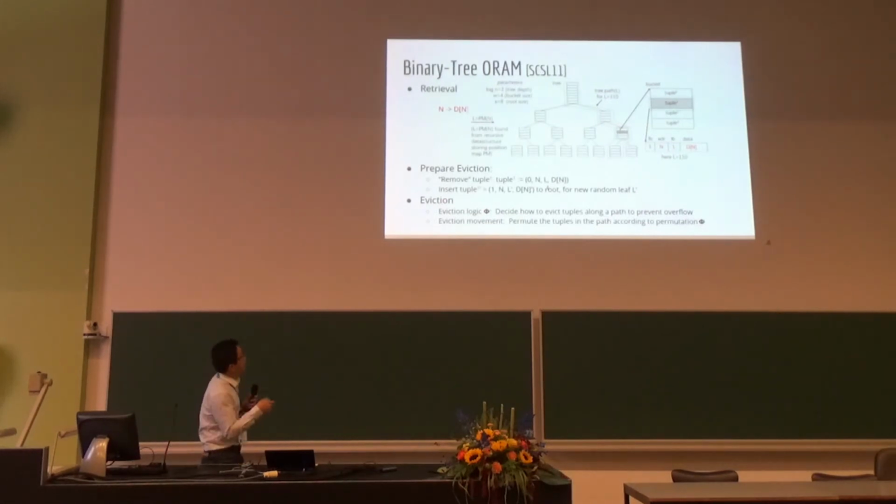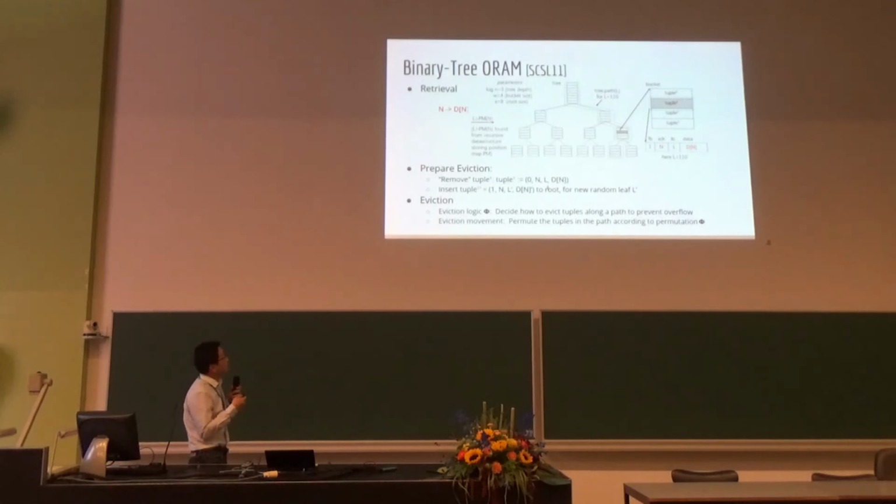Before I continue with the rest of the ORAM schemes I want to talk about today, because these schemes are all based on this binary tree ORAM construction, I will first introduce binary tree ORAM. I will be omitting a lot of details, but basically the general idea is that the memory array will be stored as this binary tree structure, where each tree node is a bucket holding some number of data blocks, where each data block could be a real data block or a dummy or empty data block.